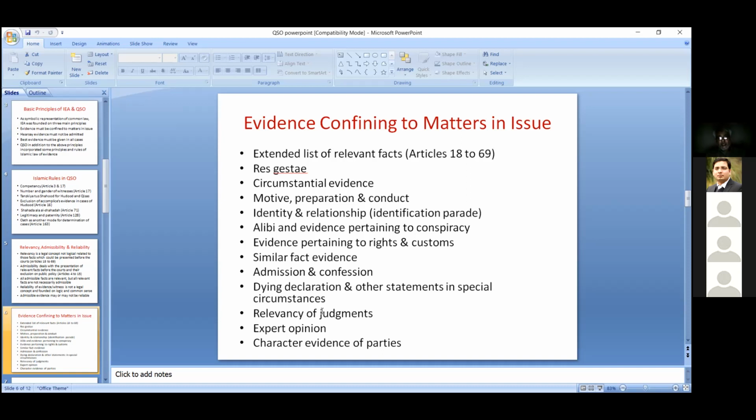All those pieces mentioned on this slide, we could talk about at length, but due to the constraint of time, we can't point out each and every piece. Let me just give you two or three examples. For example, the evidence of dying declaration. A dying declaration is basically hearsay evidence.